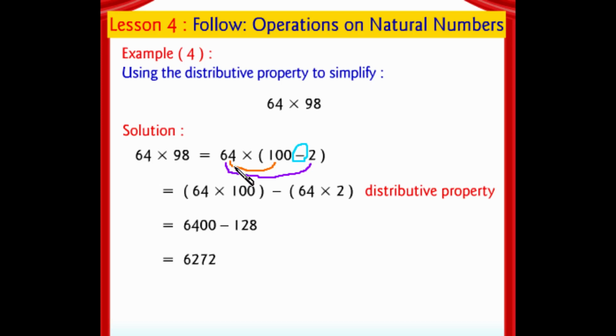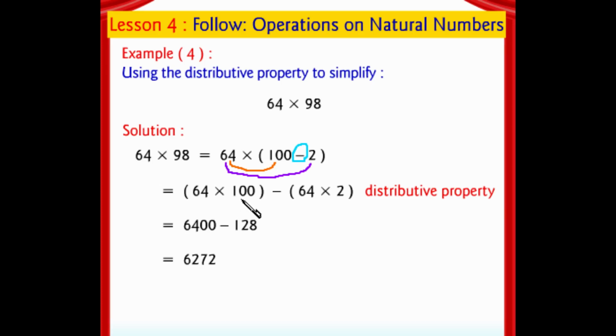At first, 64 times 100 minus 64 times 2. 64 times 100 between two brackets minus 64 times 2 between two brackets. That means distributive property.